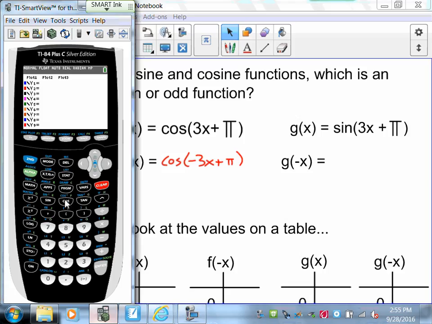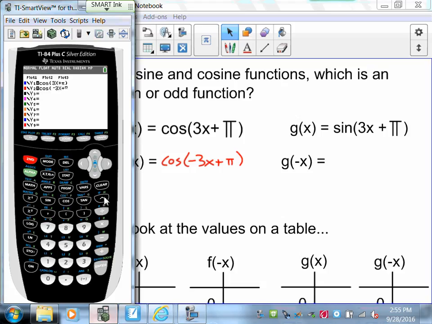So go ahead and type in cosine 3x plus pi. And then the second one, type in cosine negative 3x plus pi.